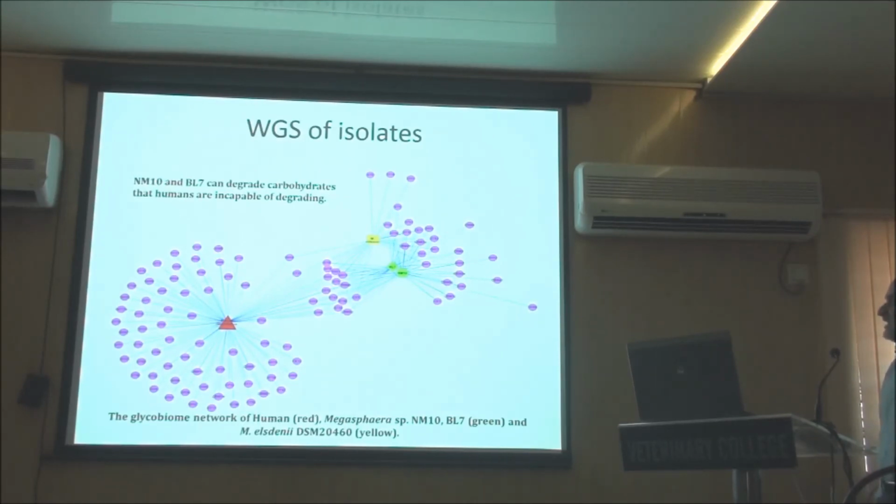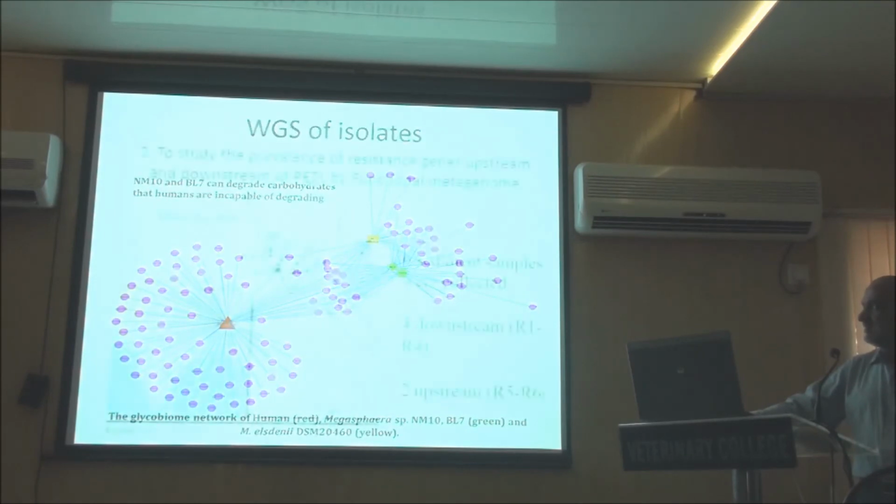You can see at this rightmost corner that these are the carbohydrate metabolizing enzymes which are exclusively produced by these two isolates, which are very different from those produced by the human gut. So, one can conclude that these bacteria contribute a unique repertoire of carbohydrate metabolizing enzymes in our gut.